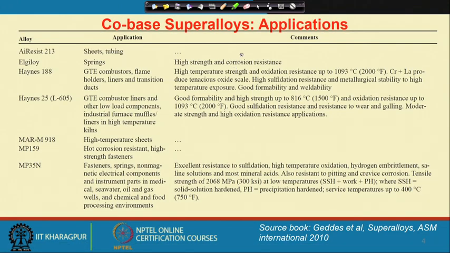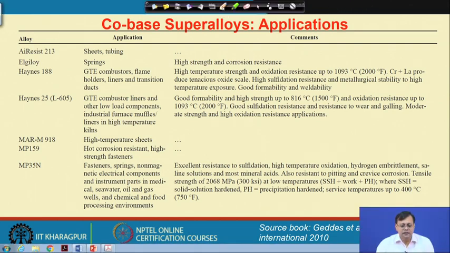The typical application areas of cobalt based superalloys are relatively lower temperature and lower strength level than the nickel based blade alloys. Like AiResist, this is also one of these cobalt based superalloys, where we produce sheets or tubing for gas turbine engine combustors, flame holders, liners, and some of the ducting.